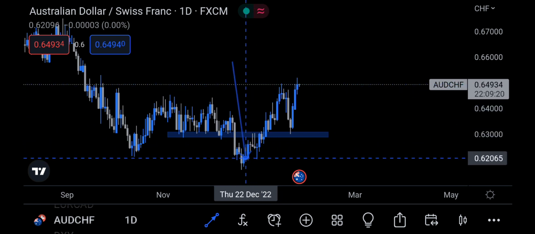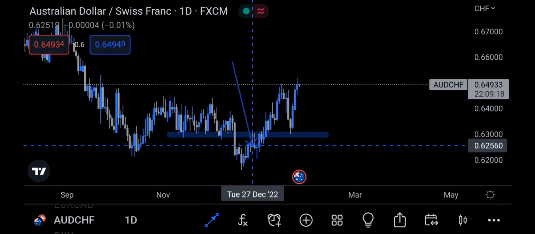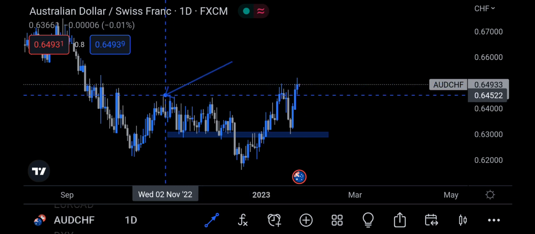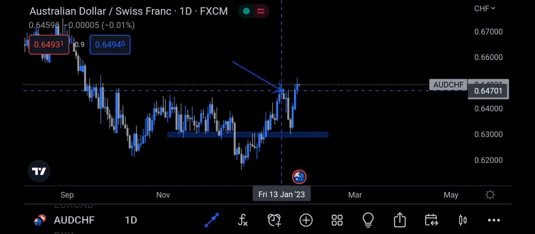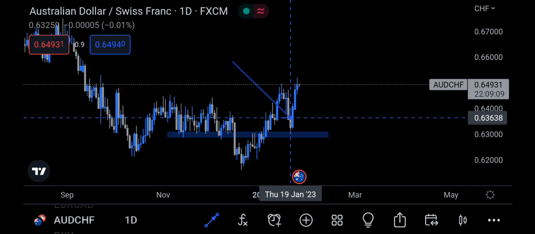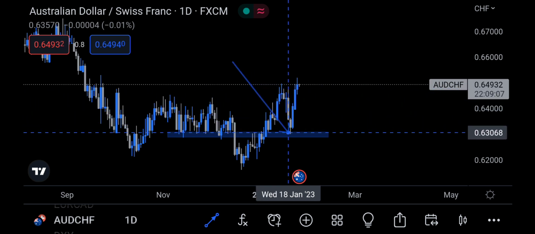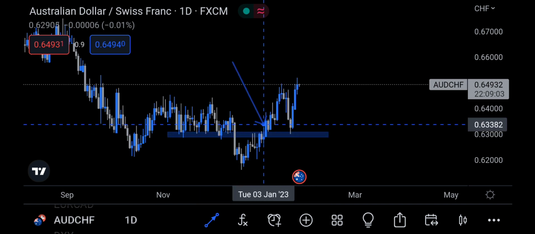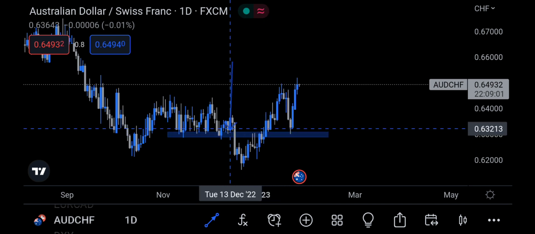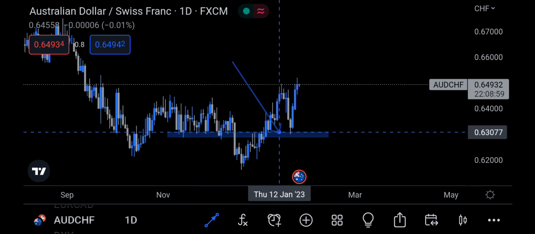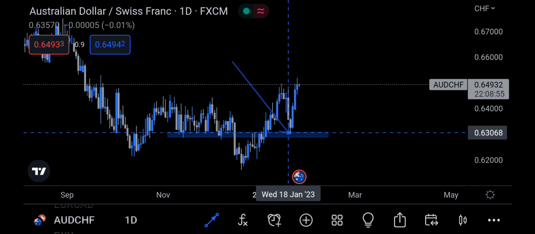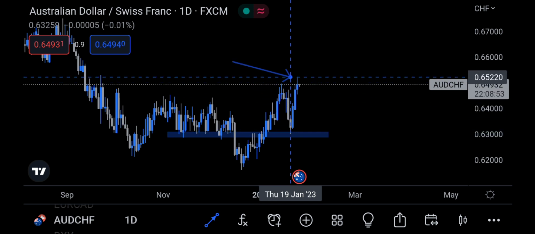In all this move to the upside, we're having a series of higher highs and higher lows in the market. So when the market took out the highs here, we had a retracement in the price. Giving us this retracement, we went to test exactly this area of demand, which was serving as the level of support that we talked about. The price tested it and it bounced off again.